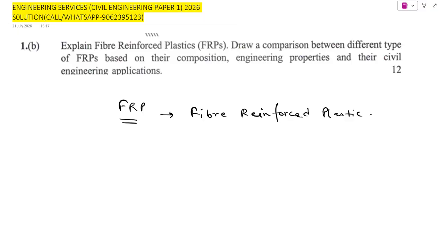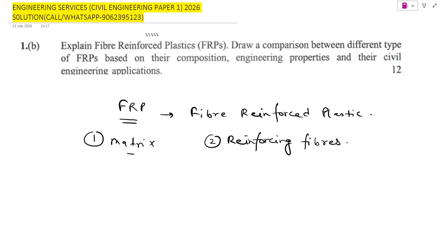Now let us understand the components of FRP. FRP mainly consists of two parts. First is the matrix and second is the reinforcing fibers. The matrix is usually made of epoxy resin, polyester, and vinyl ester.